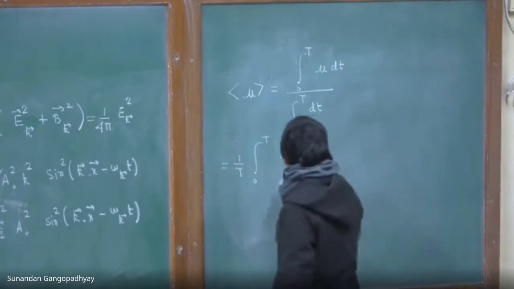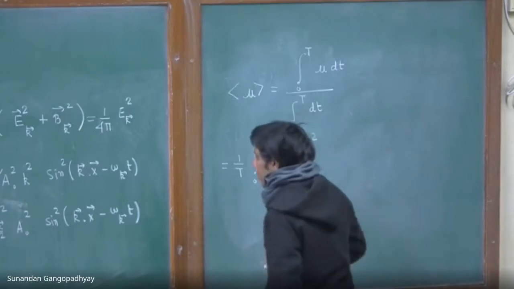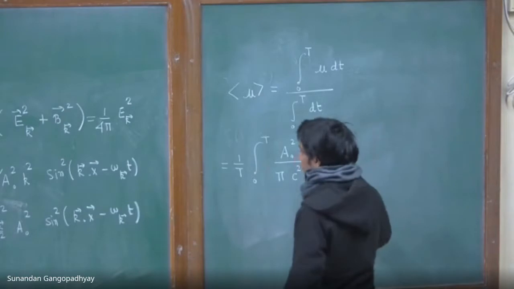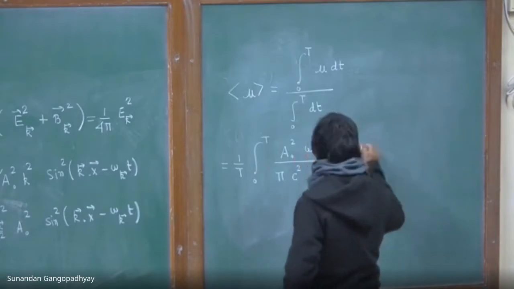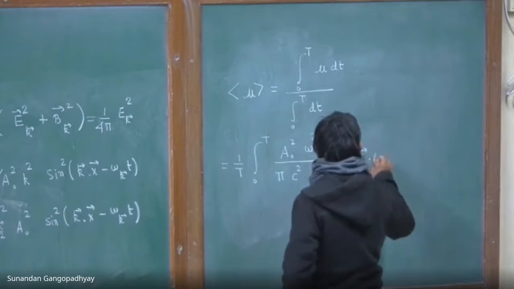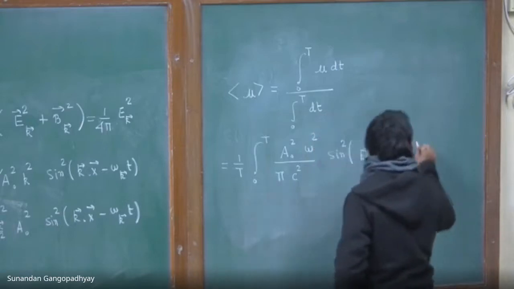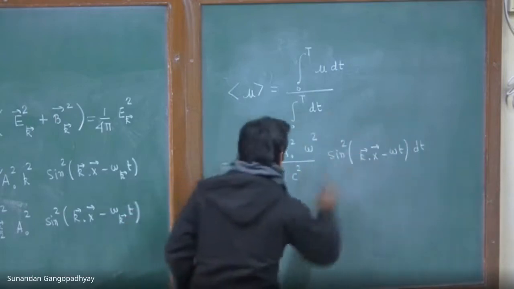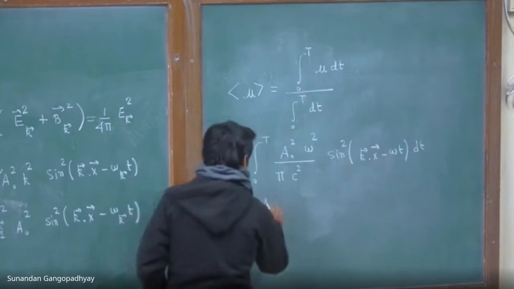Let me just write omega square by pi c square, and then we have sine square of this, dt, and we just need to do the simple integral 1 by T. These are constants, you can take them outside.